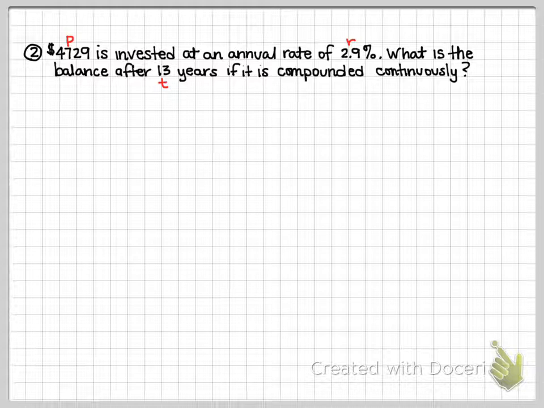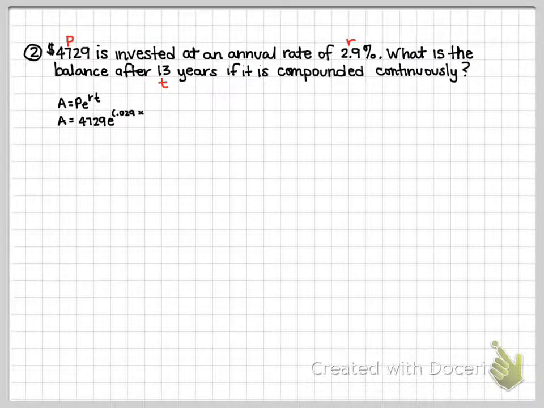So let's take our formula out, which is going to be A is equal to PERT. Plug stuff in where it belongs. So our P was going to be 4729. E is just E, leave it as Euler's number. And then our rate, we need to go ahead and change that 2.9% into 0.029.